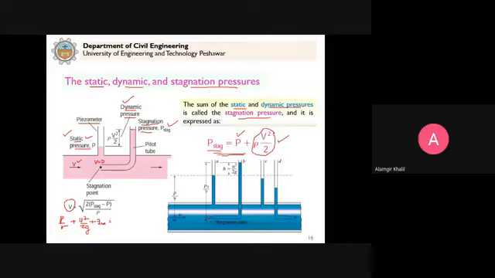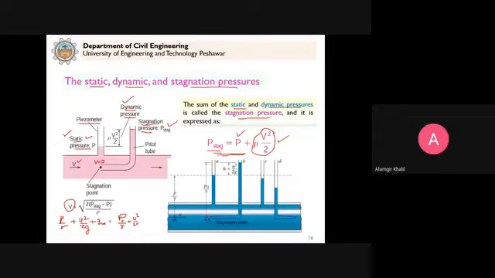And then at point N, what we have is P naught by gamma. This is the pressure which is measured here. So this is equal to P naught by gamma. And what about the velocity? This will be equal to U square by 2g. Let me just write down first.